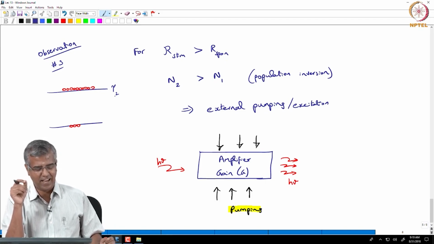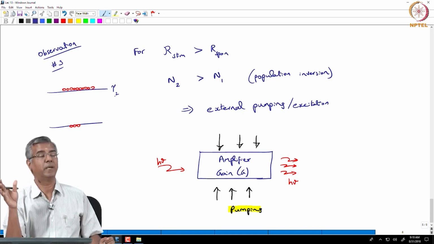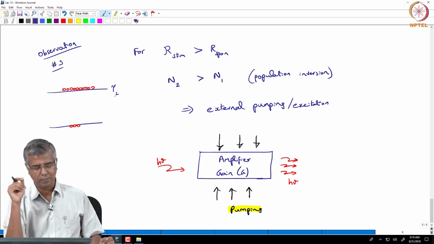So, these rare earth ions actually have relatively long metastable lifetimes, and so most of the light sources that you see other than semiconductor light sources, we will come back and look at that later.